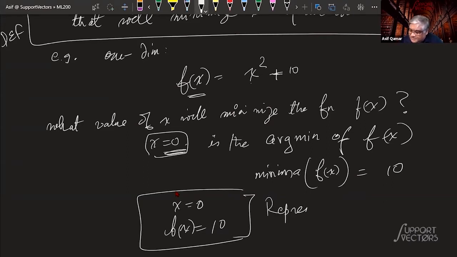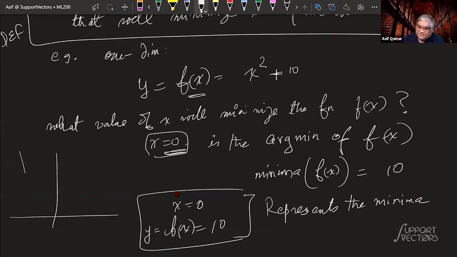And you can call it y, so you can say y is equal to this. Does this look simple, guys? If you plot it out, it will look like this, and this will be 10. So the point x equal to 0 represents your arg min, the point at which this curve achieves its minimum.